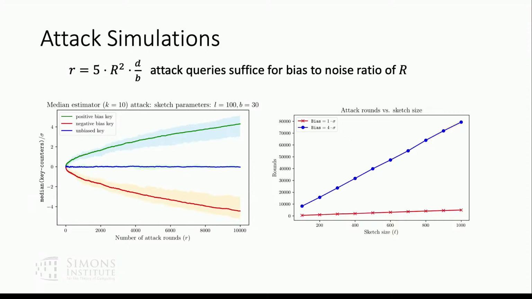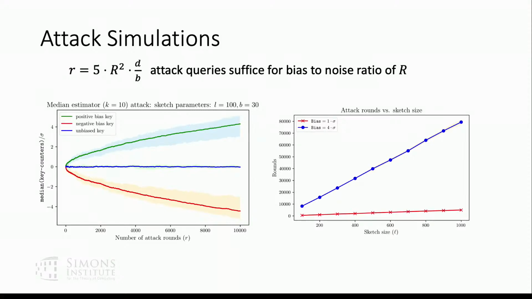This is the number of queries we needed to create a new vector for which the noise, the bias of the buckets, exceeds by a factor of R the bias that we would expect.